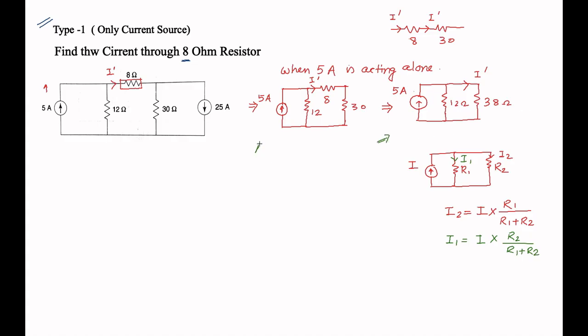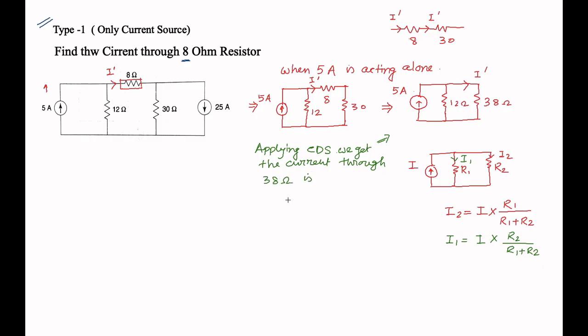Applying the CDR, that is the current division rule, we get the current through the 38 ohm.